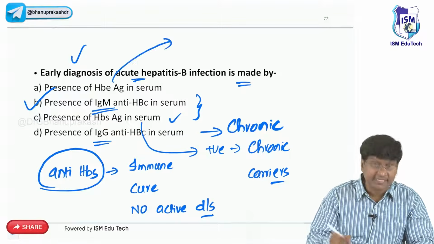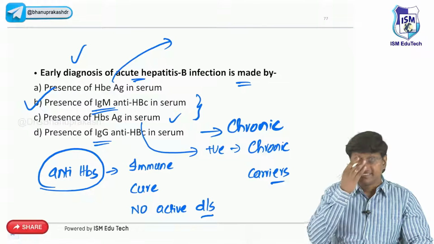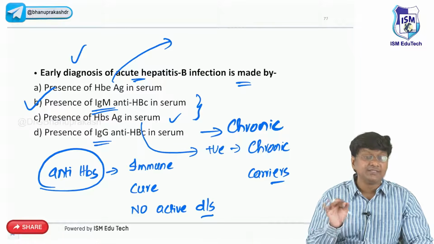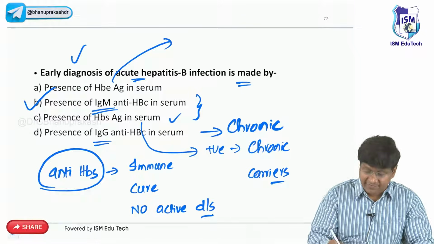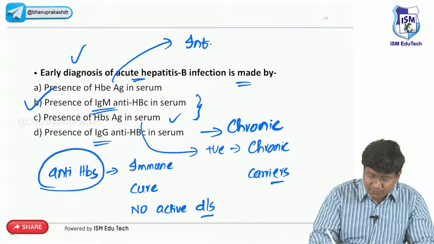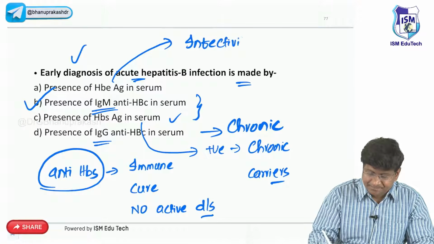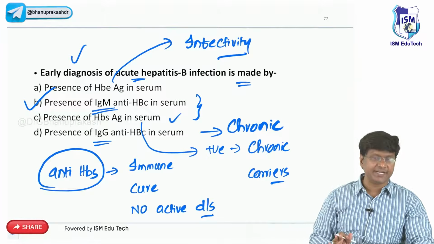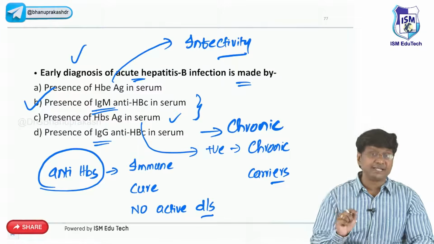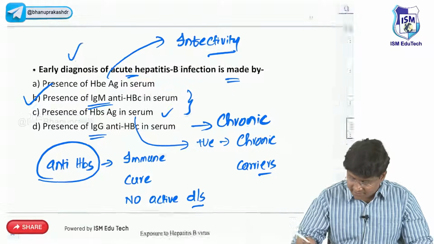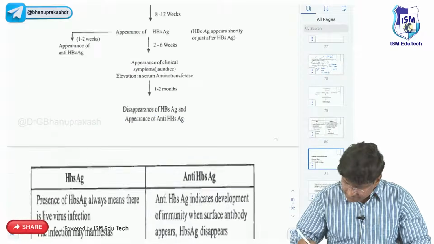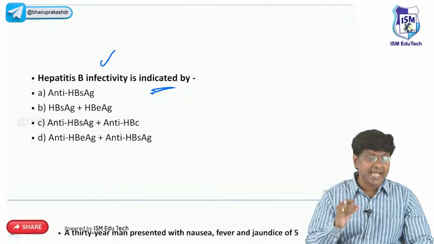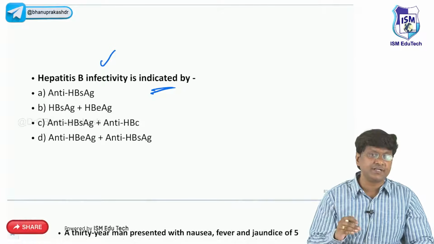And what about the presence of the envelope antigen? The presence of envelope antigen, that is HBeAg, tells you that the individual is having higher infectivity with hepatitis B virus. So if you see a question on infectivity, hepatitis B infectivity is indicated by surface antigen plus envelope antigen.